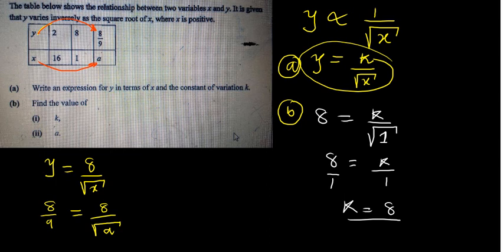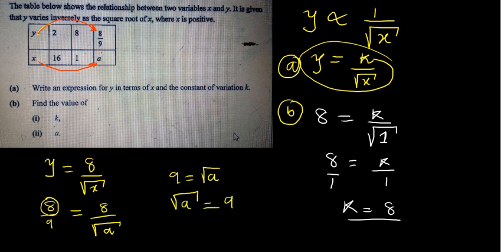Now this one is direct. On top we have 8, meaning 8 is equal to 8, so what is down should also be the same. I can just go direct and say 9 is equal to the square root of a. Let me also write it as the square root of a is equal to 9.